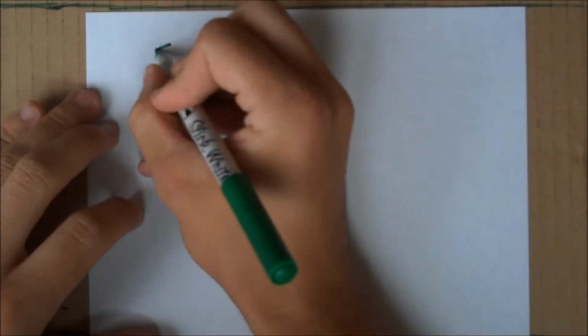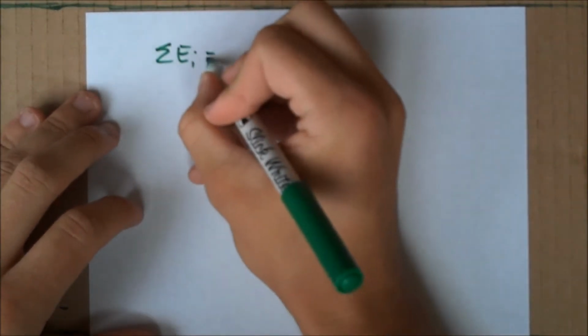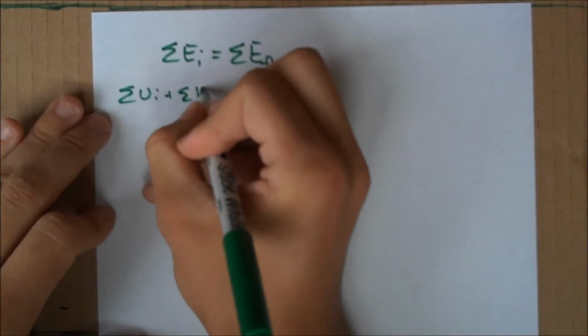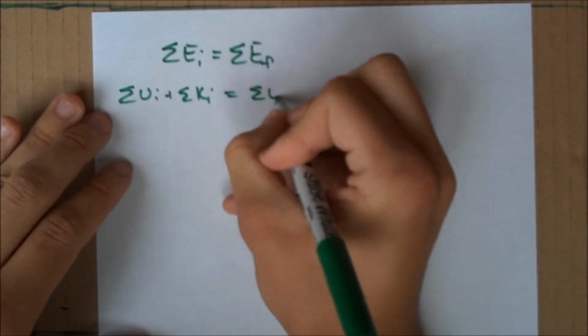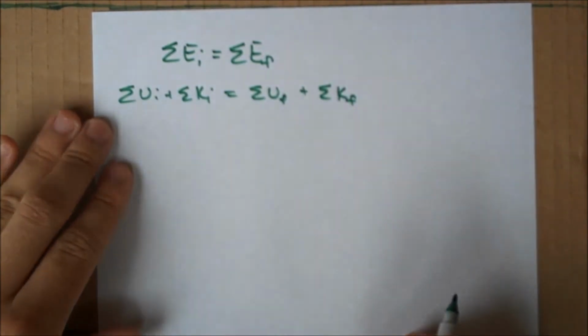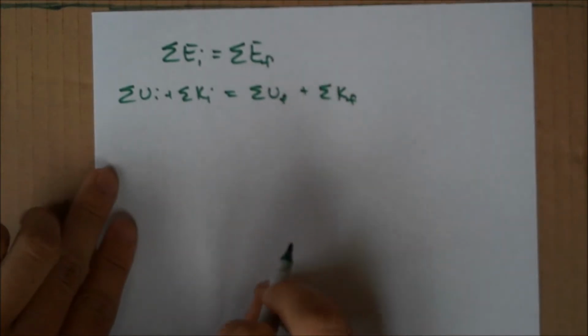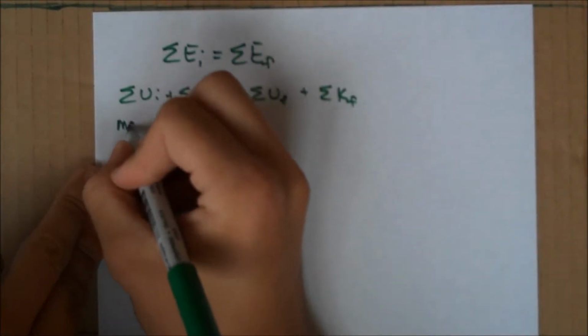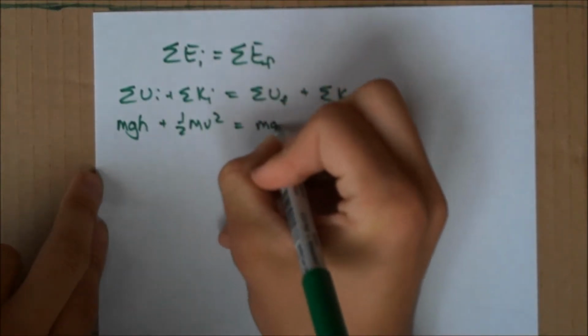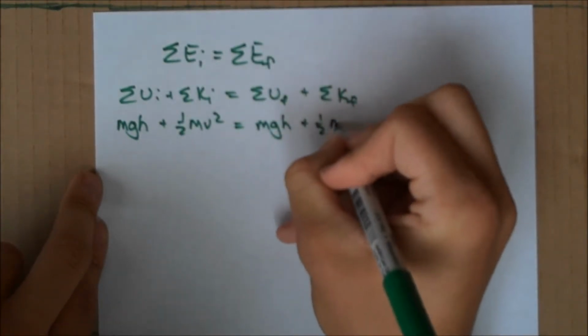We're going to have the same setup as last time: the sum of the energies initial equals the sum of the energies final. Again we break that down into U initial plus K initial equals U final plus K final.